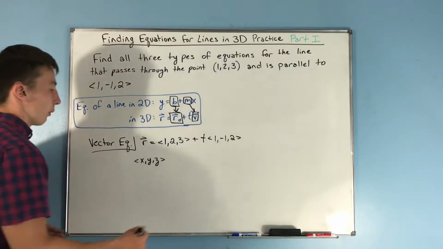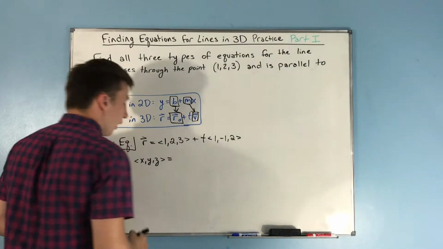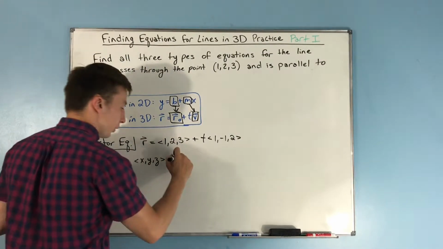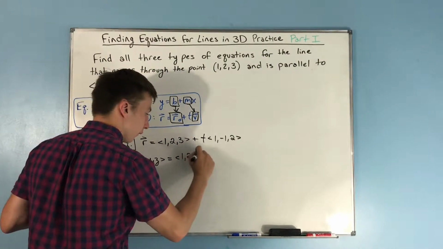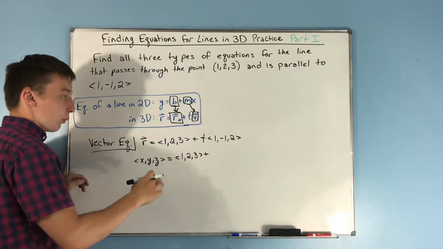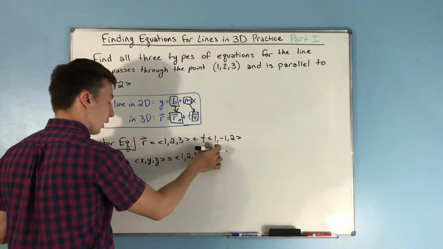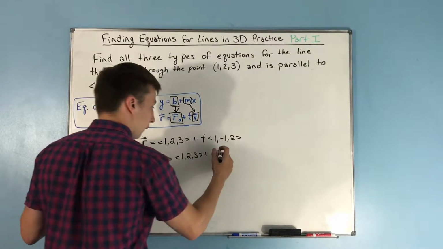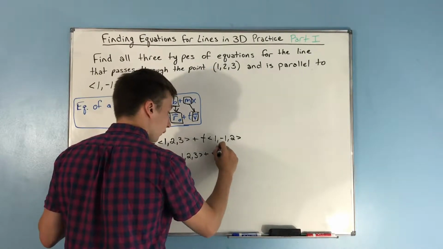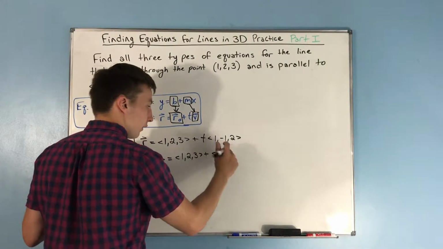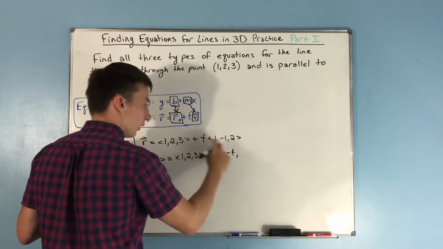That's actually what we're doing. So this is equal to <1, 2, 3> plus, doing a scalar multiplication, we put that t through this vector and we get <t, -t, 2t>.